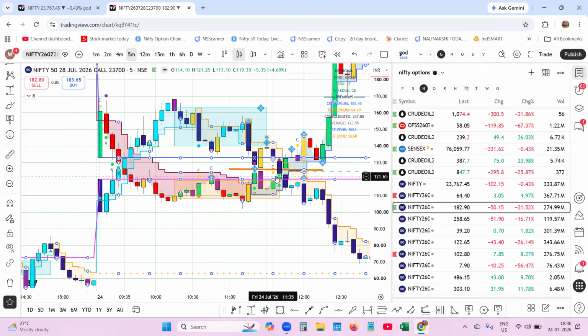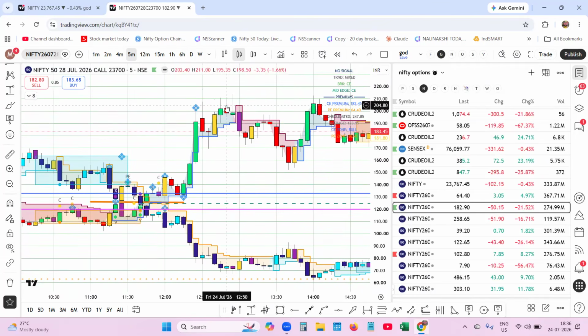So I don't trade; I wait for this pressure cooker setup. 11:45 to 12:30, you can notice over here, from 11:45 to 12:55. Later, price has started coming down.